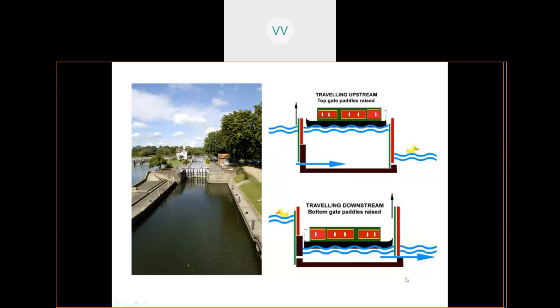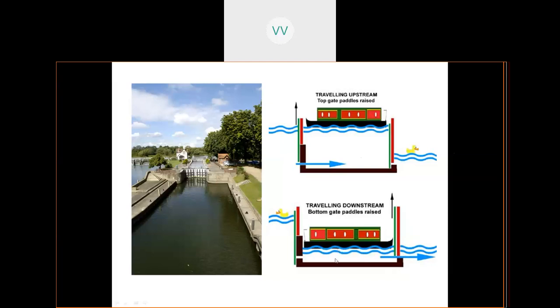Suppose you have to go against, that means from the downstream to the upstream. What you are going to do is open the downstream gate and make the boat or ship enter into the chamber, then slowly close this gate and raise the water level.